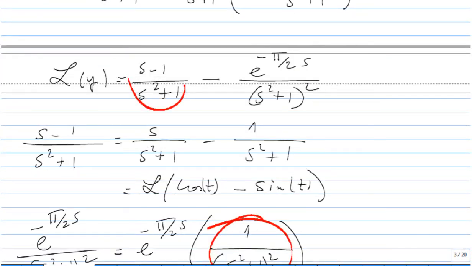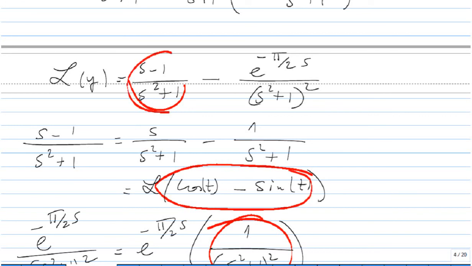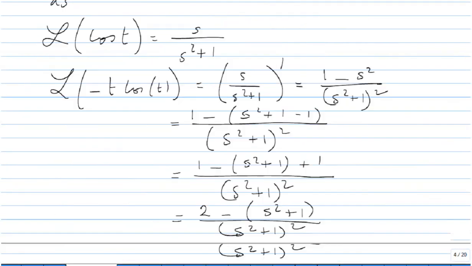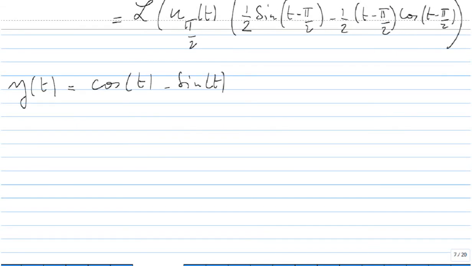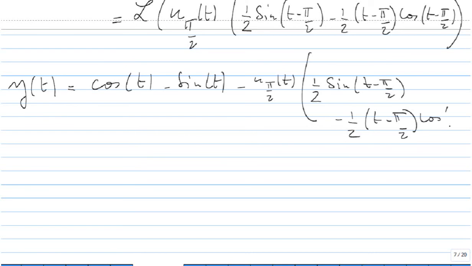It was this part coming from here, and then minus the one that we just found, minus u pi over 2 of t times 1/2 sine t minus pi over 2 minus 1/2 t minus pi over 2 cosine of t minus pi over 2. Of course, one can use trigonometry to replace the sine of t minus pi over 2 in terms of cosine of t, and the cosine of t minus pi over 2 in terms of sine of t.